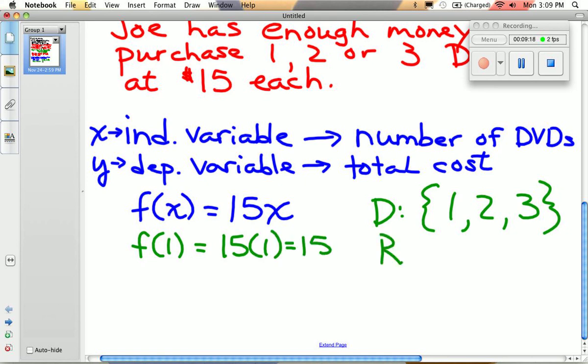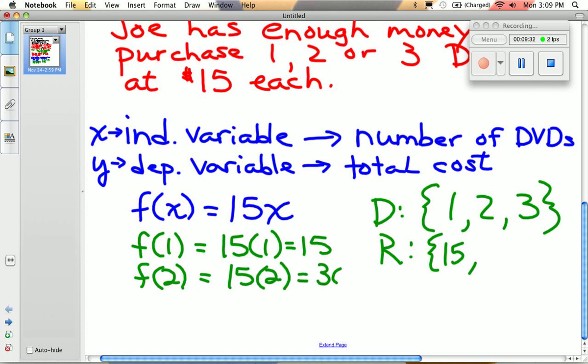There's our first range value. F of 2 would be 30, because 15 times 2 is 30. So there's our next reasonable range value.